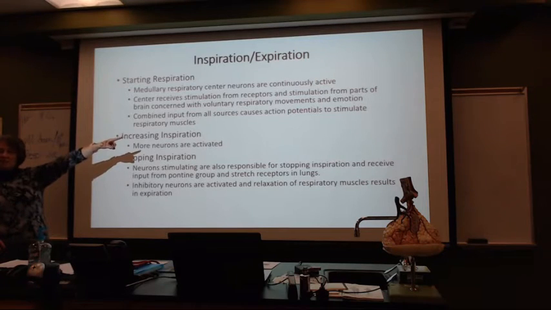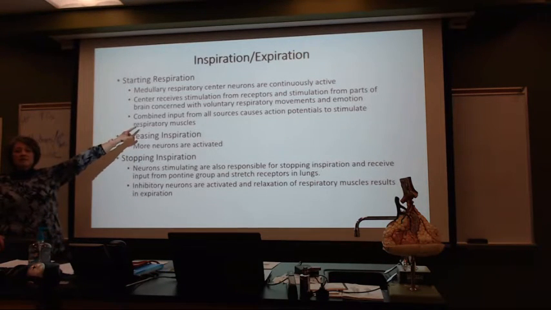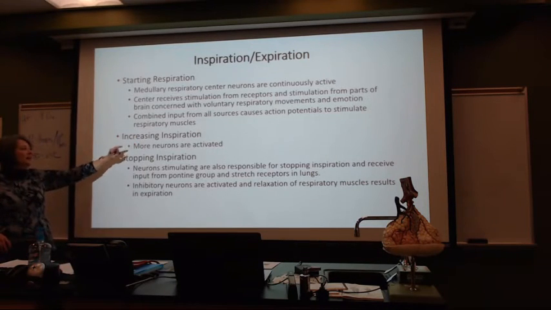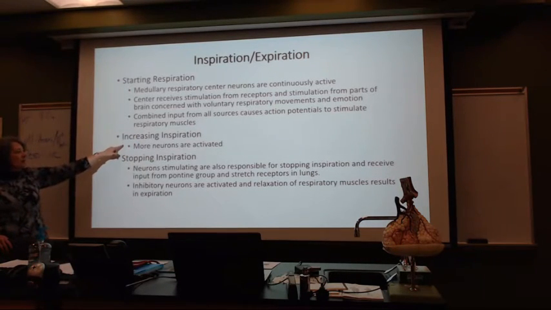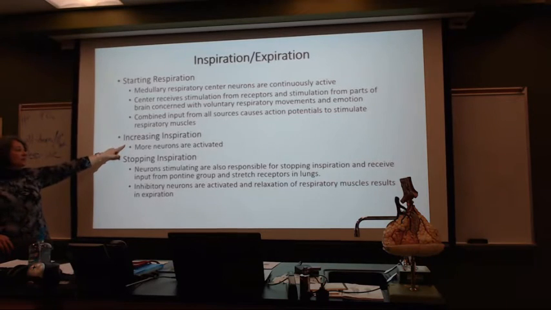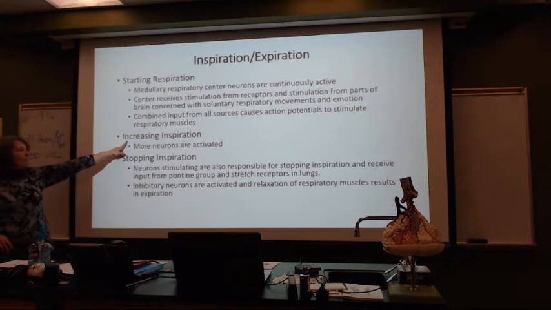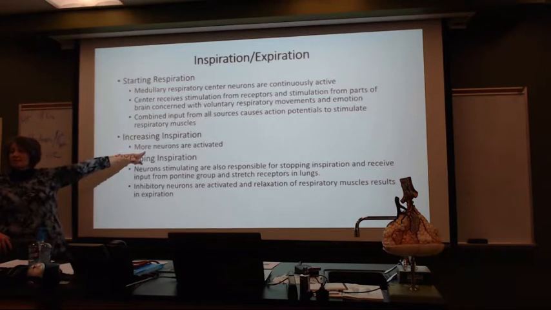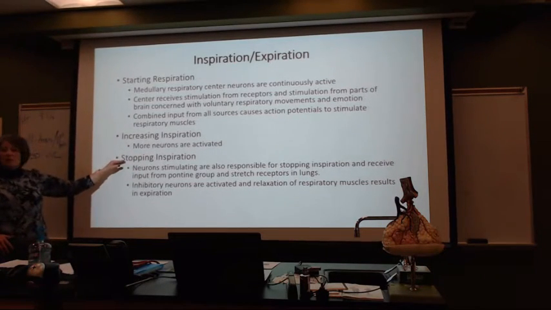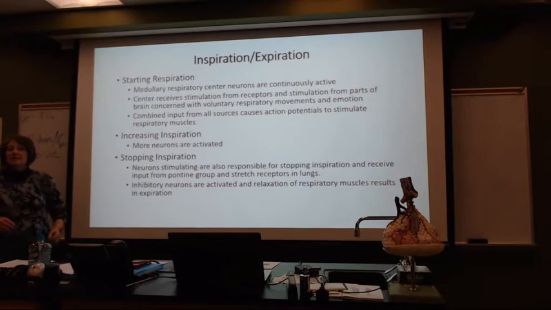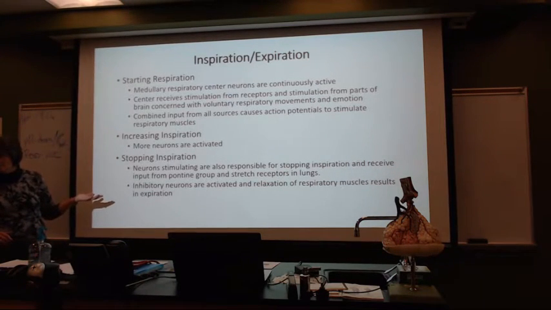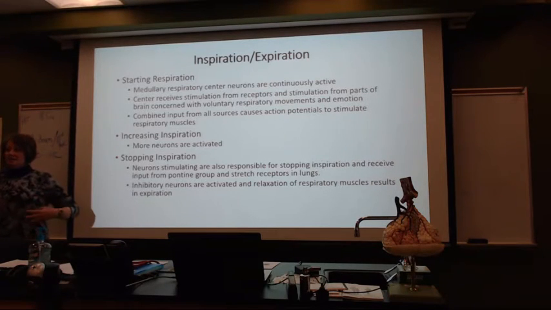The action potential stimulates our respiratory muscles, those intercostals and the diaphragm. As we look at inspiration, if we need it to increase, more neurons will get stimulated. But we also have to make sure that inspiration can stop, because we can't simply have inspiration continue.